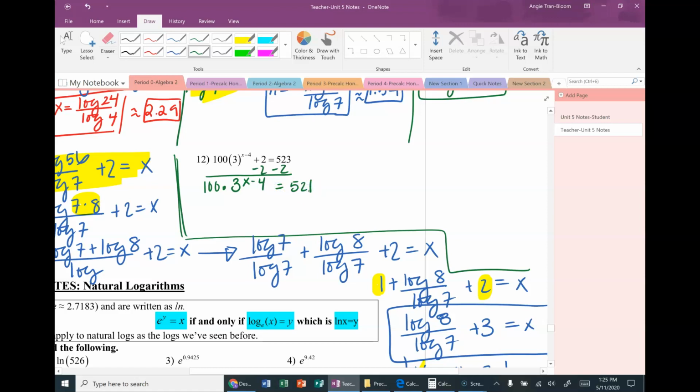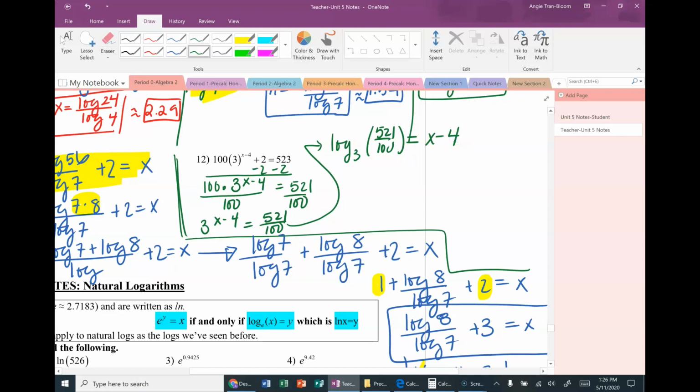Divide both sides by 100. Okay, so 3 to the x minus 4 equals 521 over 100. I can't really reduce, so I'm going to leave it as the simplest fraction for now. Write it in log form. Log base 3 of 521 over 100 equals x minus 4.